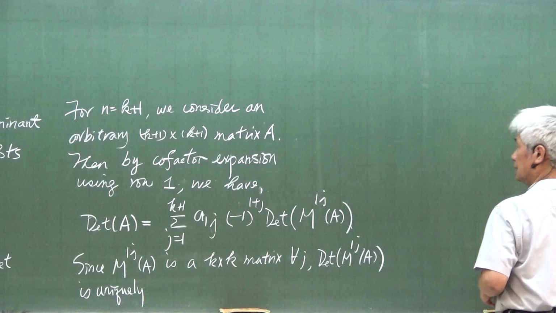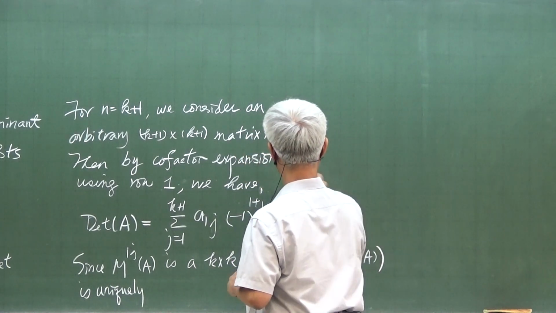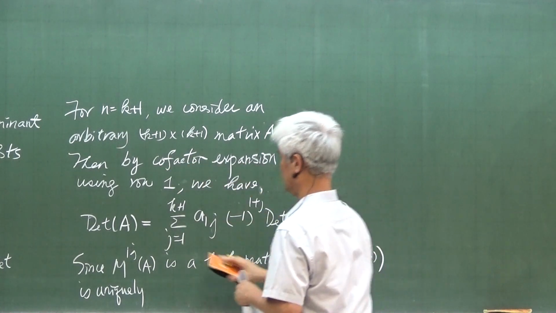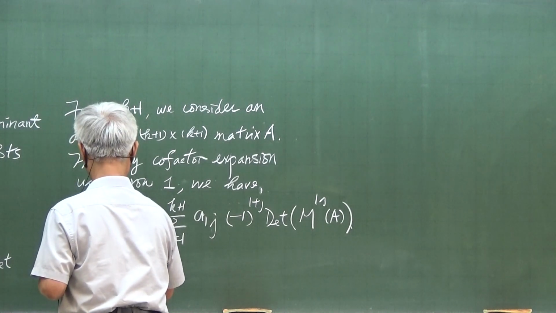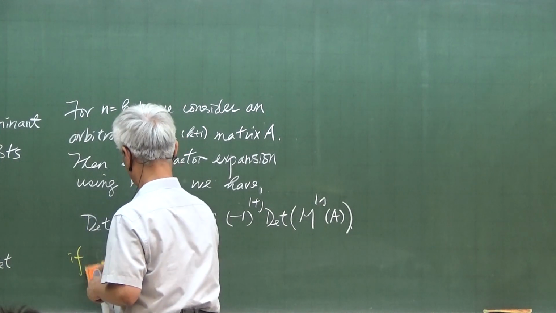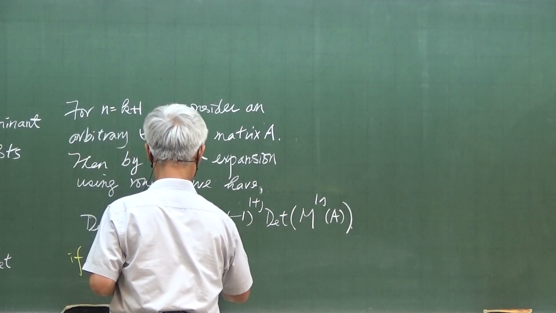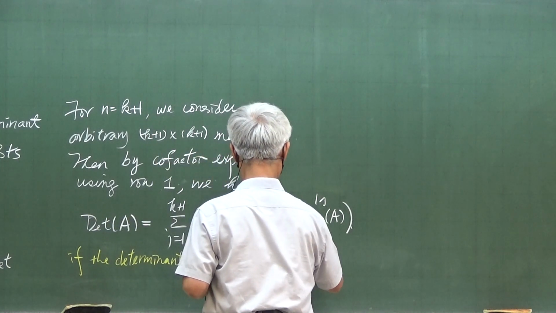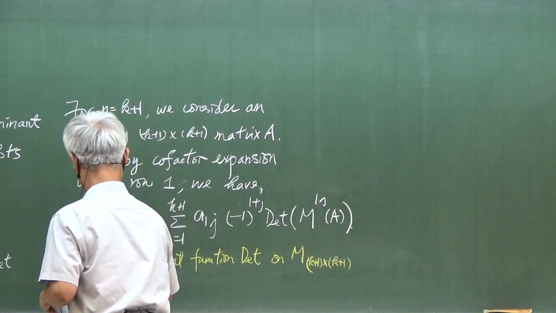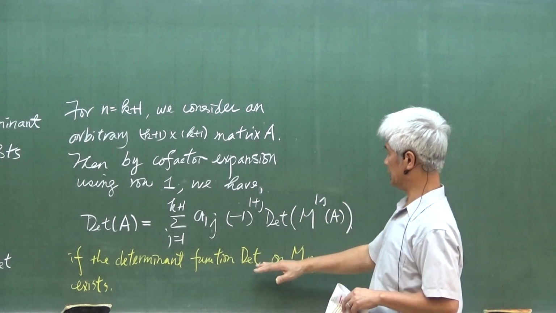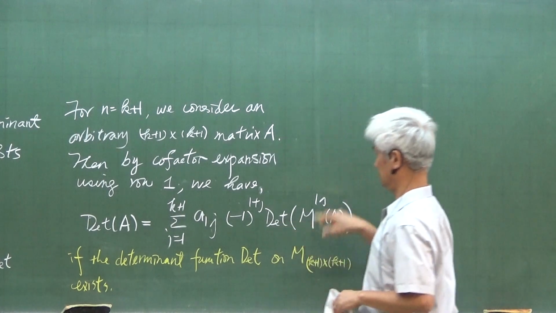Once again, I have to say: if the determinant function det on the set of all k plus 1 times k plus 1 matrices exists, then it must be like that.